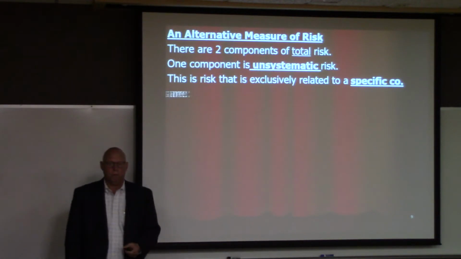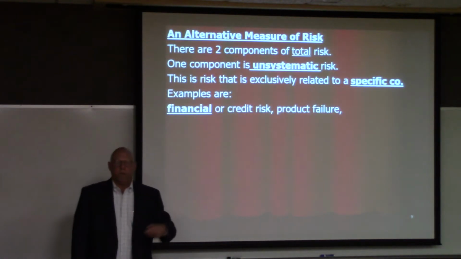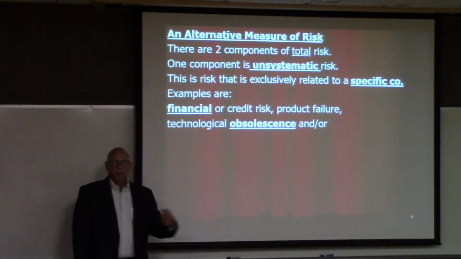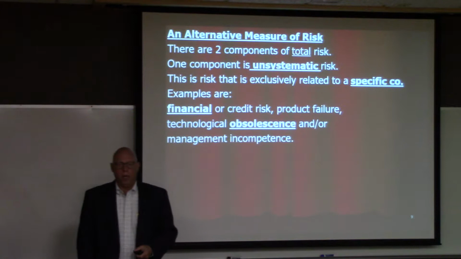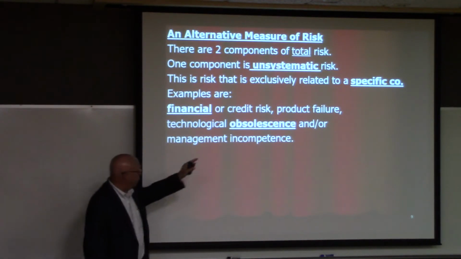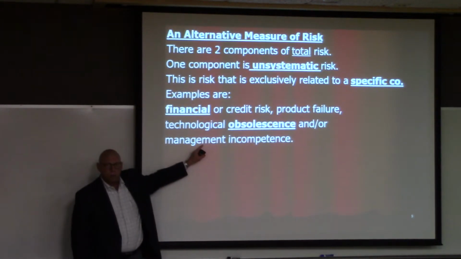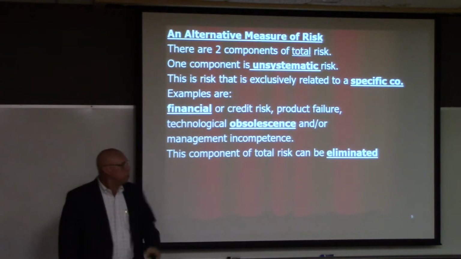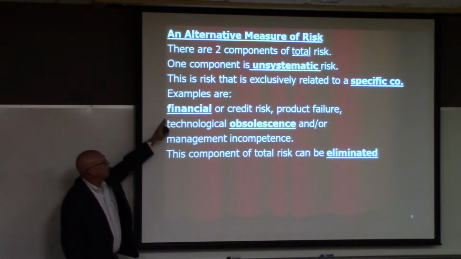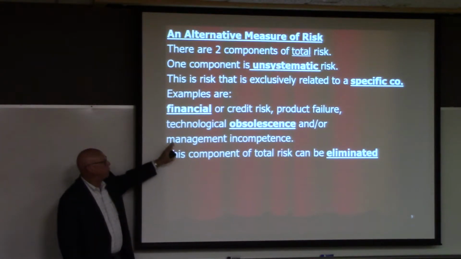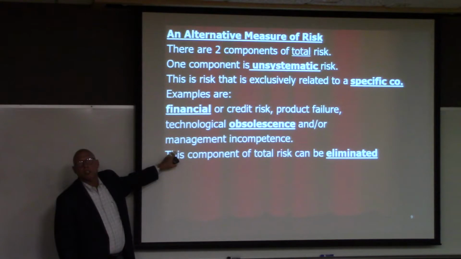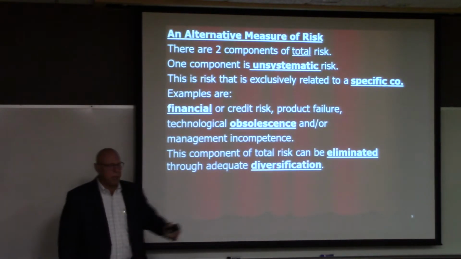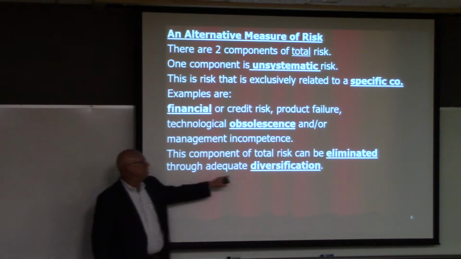Examples are financial or credit risk, product failure, technological obsolescence, and or management incompetence. These are things that could go wrong at a specific company. All right? This component of total risk, unsystematic or company-specific risk, sometimes they call it idiosyncratic risk, isn't that a fancy word, can be eliminated through adequate diversification.